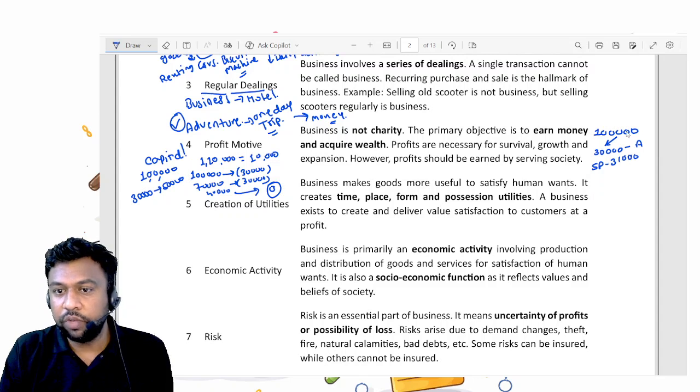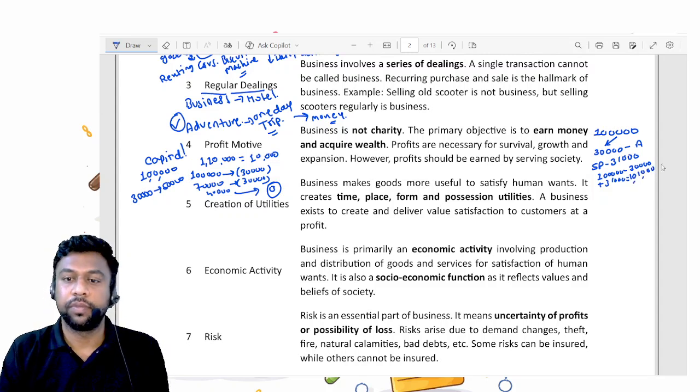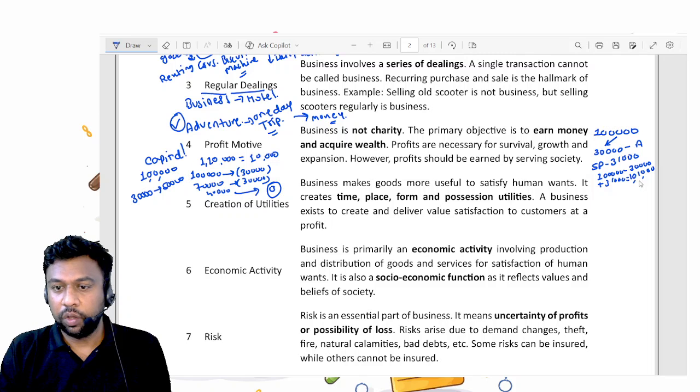When you calculate your capital again at the month end, the calculation will be 1 lakh minus 30,000 plus 31,000. Ultimately you will be left with 1 lakh 1,000. So your wealth has increased by 1,000, that is your profit.